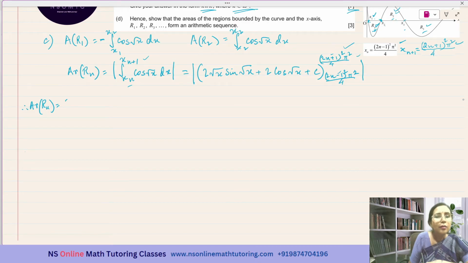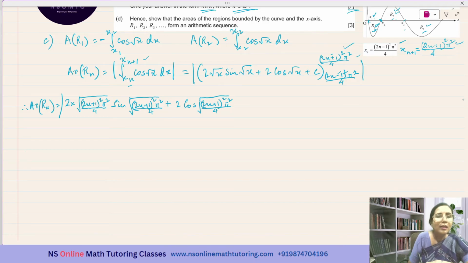It is 2 times root of (2n plus 1) whole square pi square over 4, times sine of root of (2n plus 1) whole square pi square over 4, plus 2 times cos of square root of (2n plus 1) whole square pi square over 4.